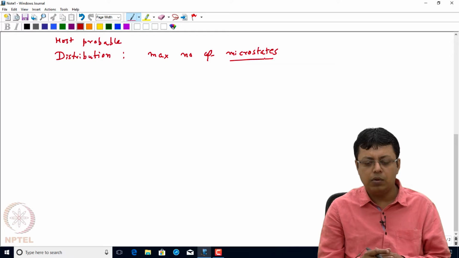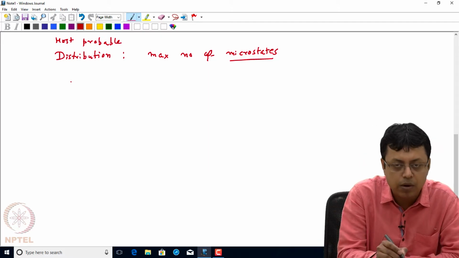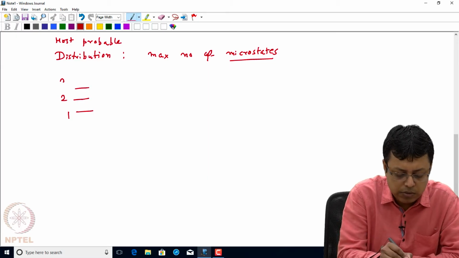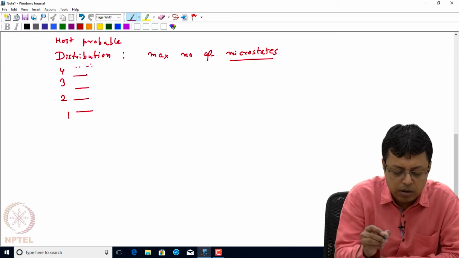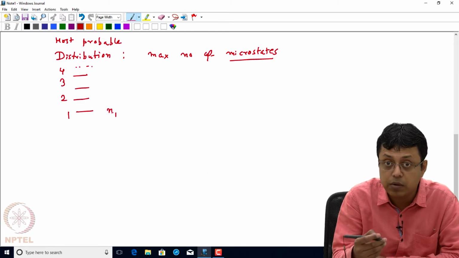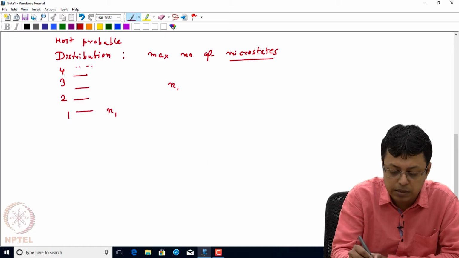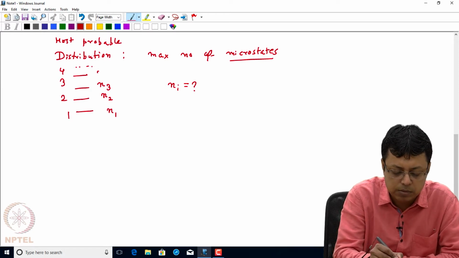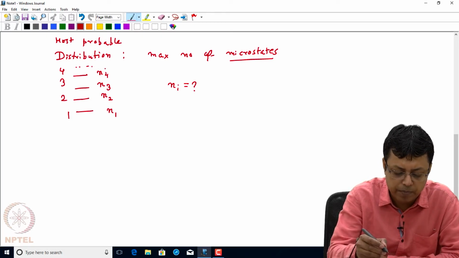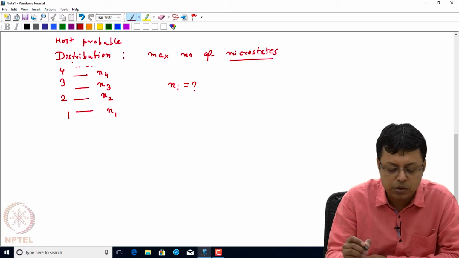And then you do it in a very generalized way; I will just give you a flavor. Suppose the energy levels are denoted as 1, 2, 3, 4, and I choose N1 particles for energy level 1, N2 particles for energy level 2, N3 particles for energy level 3, N4 particles for energy level 4, and in general Ni has to be figured out.